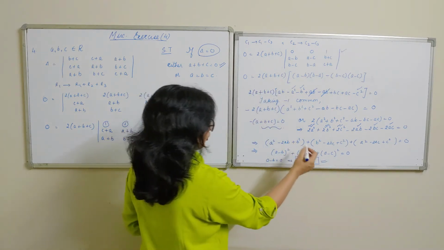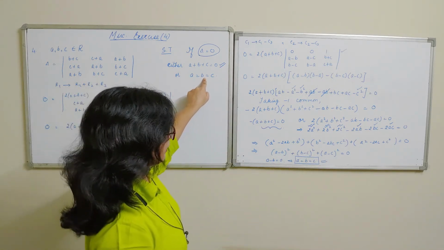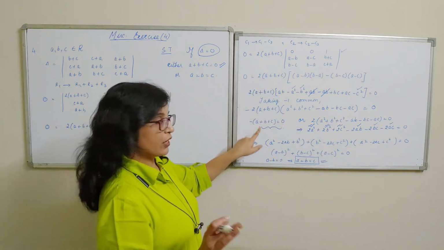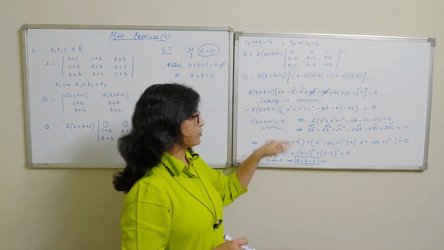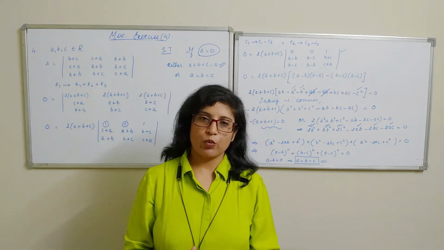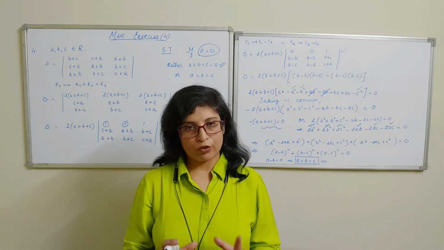So the second condition this way helps us obtain that all the three numbers are equal. In that case, the determinant can be 0, or if they are not equal, then sum of the numbers should be equal to 0. So this question is an important question, and these types of questions have been asked in the board exams for 6 marks.